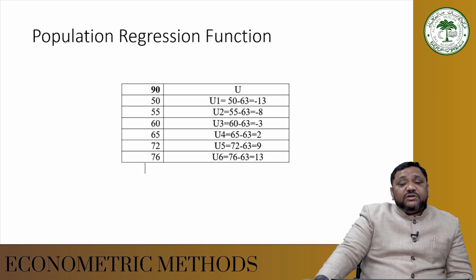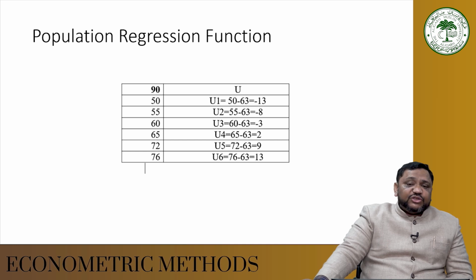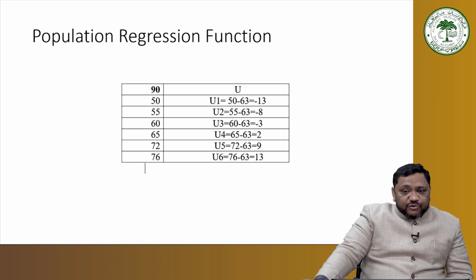Now, this U is the difference between the individual values of consumption and the conditional mean value of consumption. To explain the concept of U, let us take the case of the first household. Now, for the average value of U, if we add all these, minus 13 plus minus 8 plus minus 3 plus 2 plus 9 plus 13, the negative values will cancel the positive values and the result will be 0.